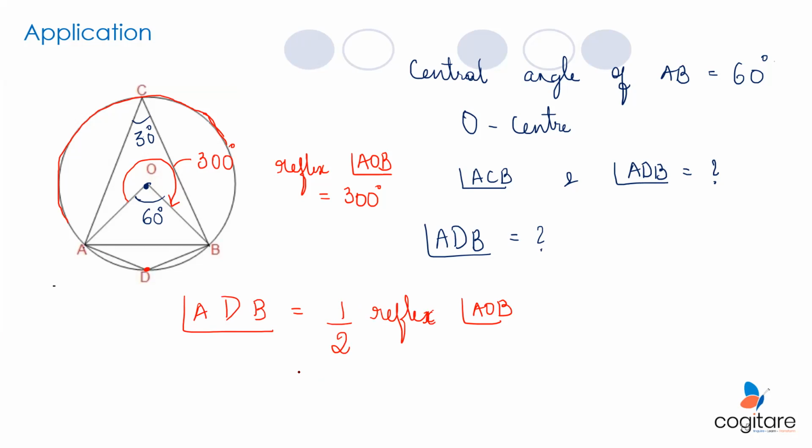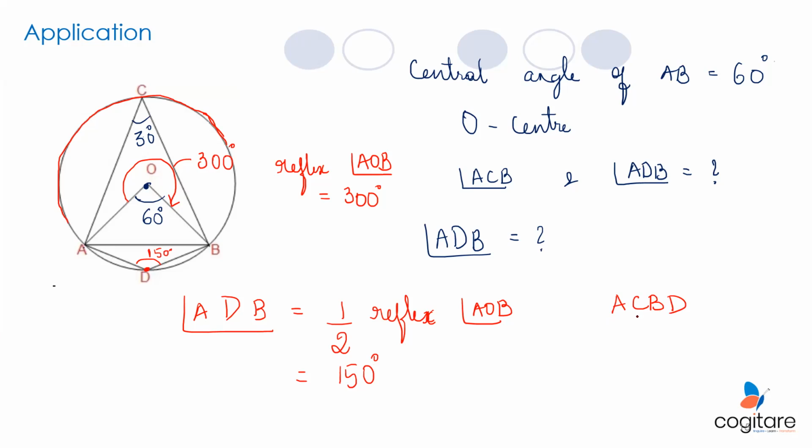Right, guys? Therefore, ADB is half of 300, which is 150. Shall I write this here? 150.